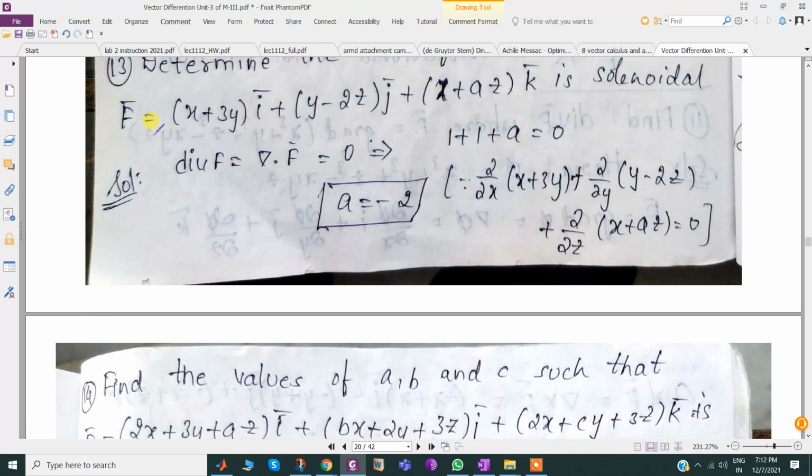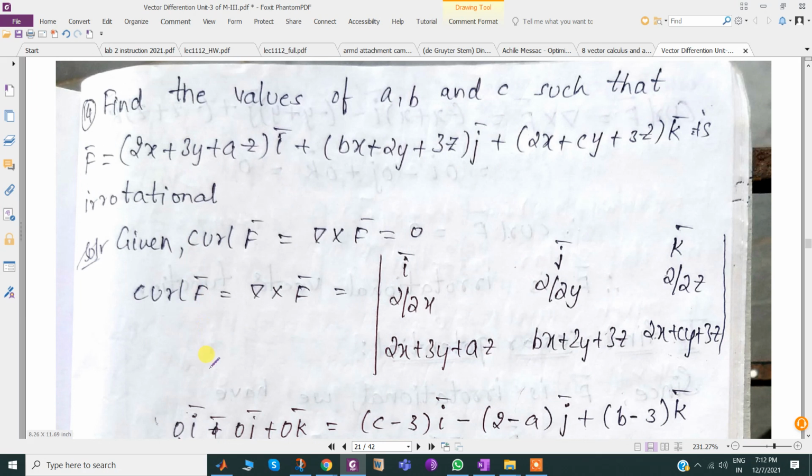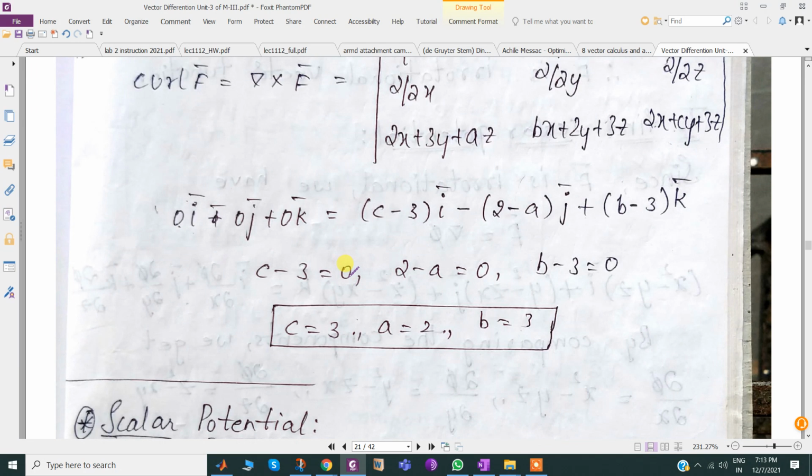Similar logic is also the same for directional derivative and all. Here the values of a, b, c such that f bar is equal to (2x plus 3y plus az) i bar. So somewhat bigger number it was given. I bar, j bar. So whichever part is missing, in that place you are supposed to substitute 0.